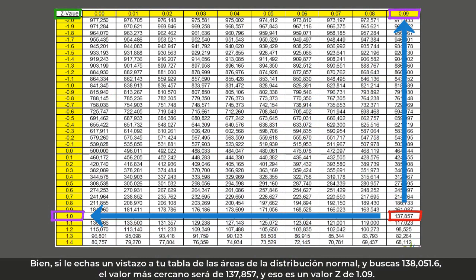Okay, if you take a look at your table of normal distribution and you look for 138,000, the closest value to 138,000 is 137,857, and that is a Z value of 1.09.